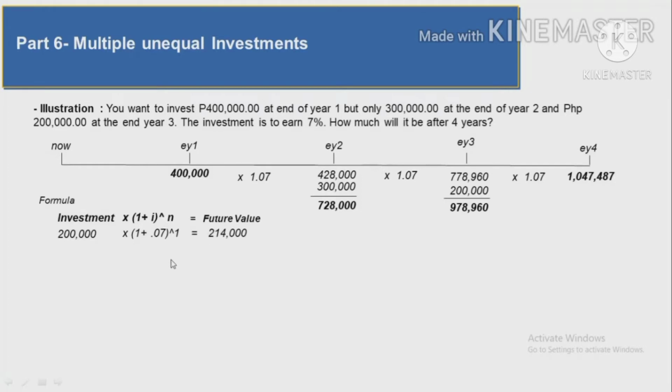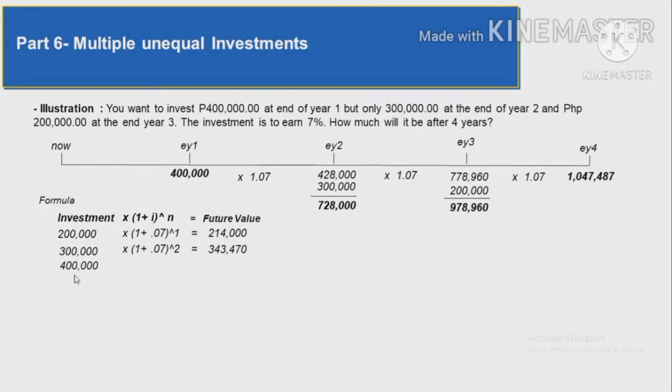But we need to explain why is the n positive 1, sir? Because this 200,000, your last payment, has only 1 year of opportunity to grow. The next is 300,000 times 1 plus 0.07 raised to the power of positive 2. Why 2? Because it has 2 years to grow. So you will have 343,470.